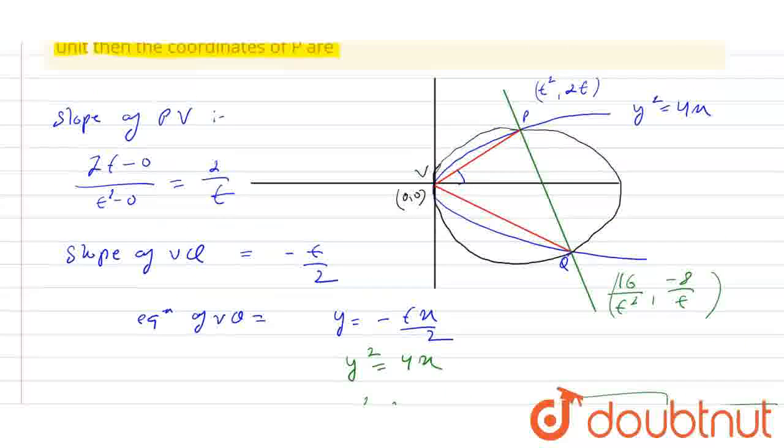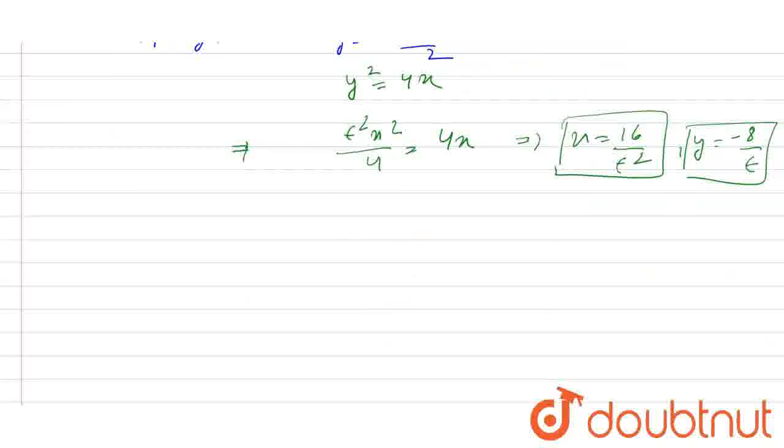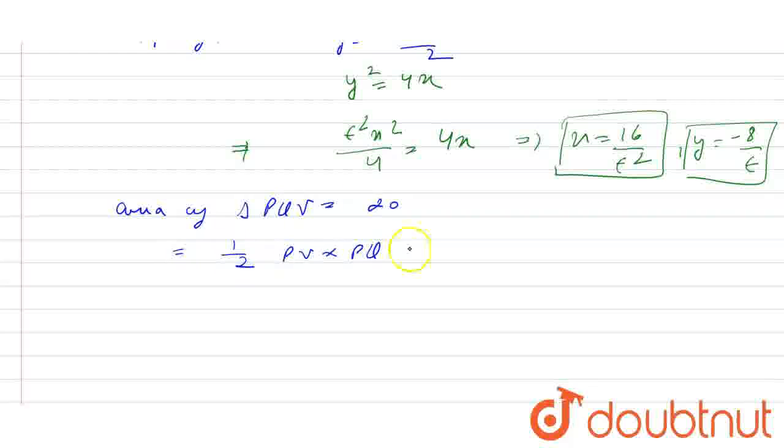Now we have got this coordinate. Now we will find the area using half base into height. So area of triangle PQV is given as 20, that is half of PV into VQ. So we will apply the distance formula. First of all, PV into VQ is equals to 40.